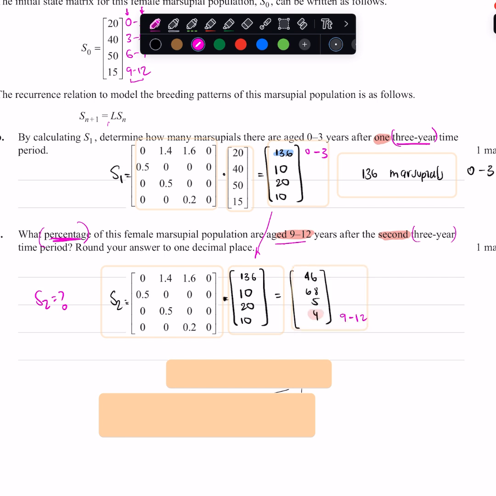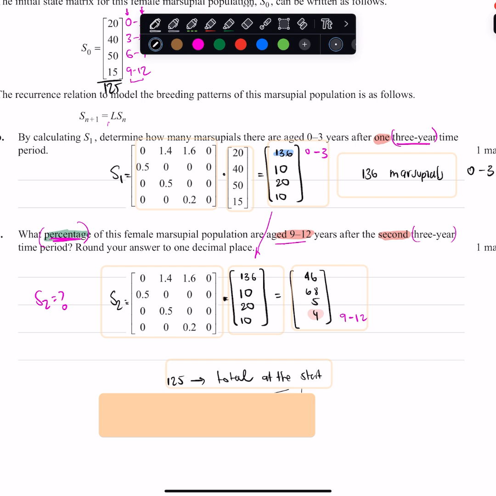All right, now remember my last value is 9 to 12, and the answer is not 4. That's what many people wrote in this answer. They're asking you the percentage. So what is the percentage of this female population? So you have to, in a way, go back and add up the total number of marsupials in the initial state, which is 125.